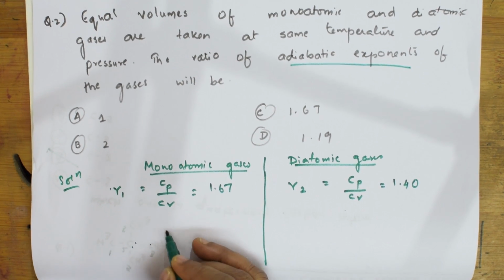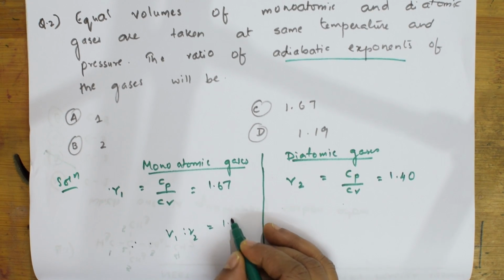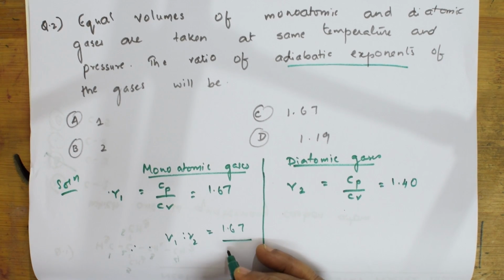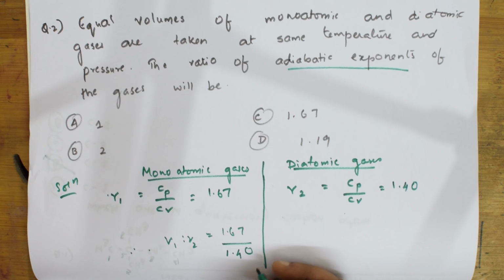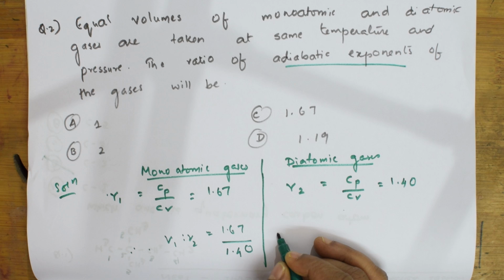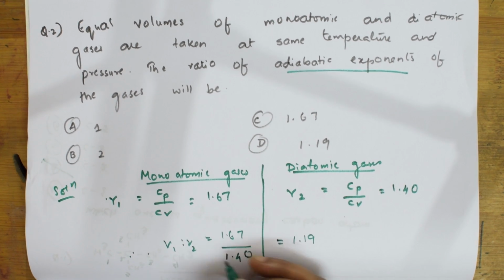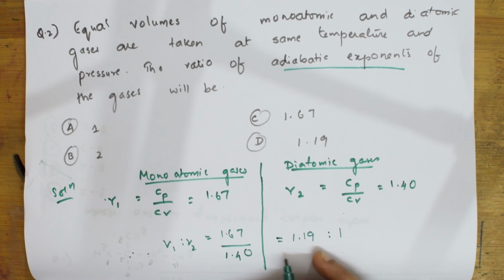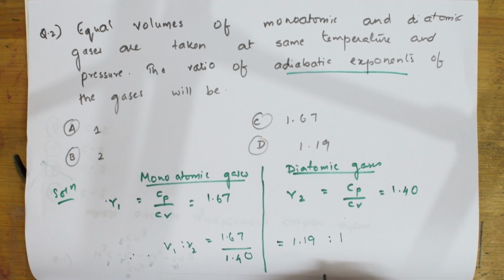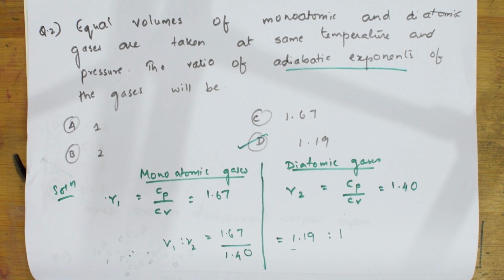Therefore, the gamma 1 to gamma 2 ratio is 1.67 divided by 1.40. So when I solve this, I get an answer of 1.19 to 1. So the correct answer is 1.19. Just go back to the answer and mark it. Hope, students, this is clear.